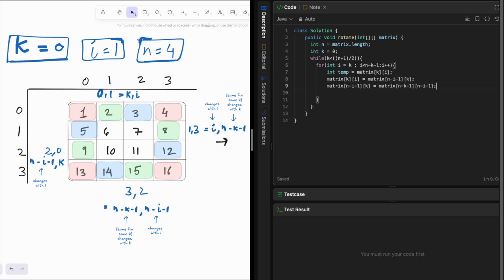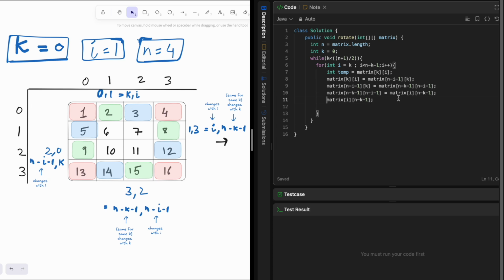Similarly in this 15th box we want the 8th element, so it's going to be matrix I comma n minus k minus 1. And in the 8th box, we want the temporary variable, because this 2th block now has 9, so we don't want that value, we want the temporary value.